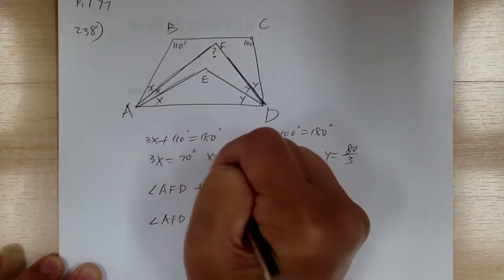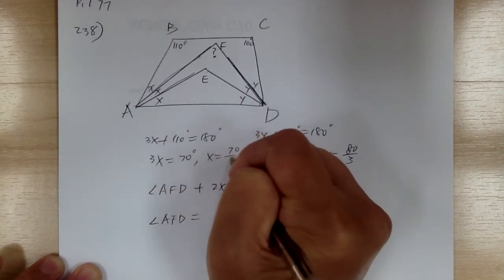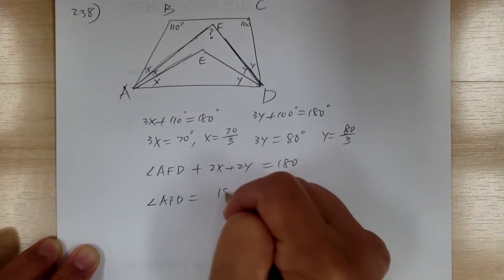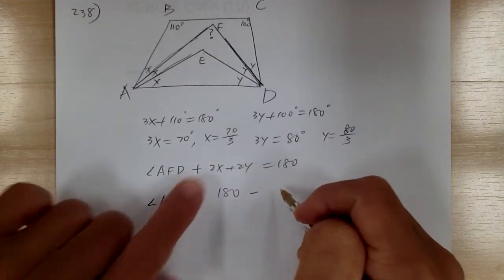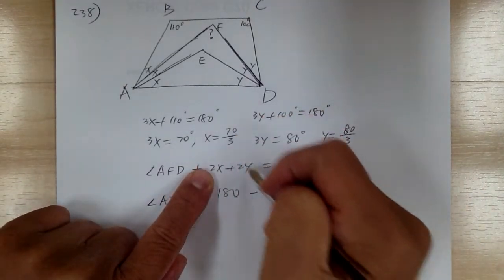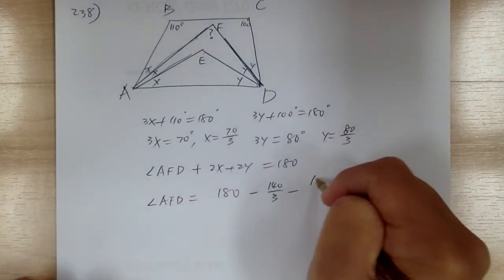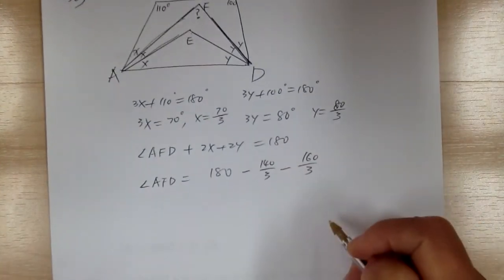Over here the x equal to 70 over 3. So you can substitute into here. So you got 180 minus 2x. So 2x would be 140 over 3. 2y would be 160 over 3.